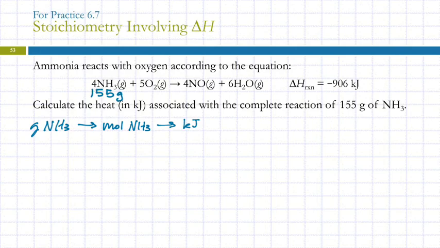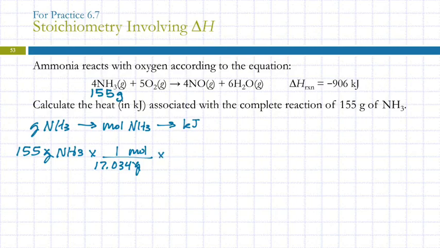But I do have to find out the amount in moles. So I've got 155 grams of NH3. Need moles. I've got grams in the denominator. Check my math, but 17.034.